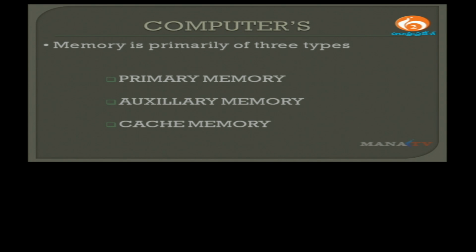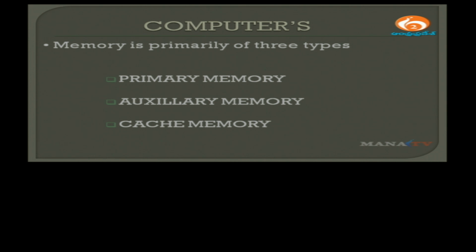So now let me take you to the next slide, which is the most important thing that you have to remember, because till now we were just talking about what memory is, but from now we will be going deep into the section which you may get confused by, but please don't. Alright, so now let me show you the third slide, that is how many types of memories there are.